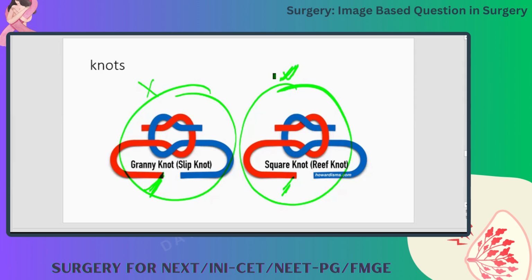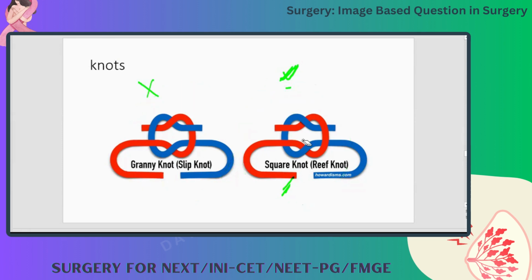Okay. See here. Look at the image carefully. You'll never forget. See here, both sides of the thread will be enclosed in the other. Here, red is above, blue is below. Here, blue is above, red is below.